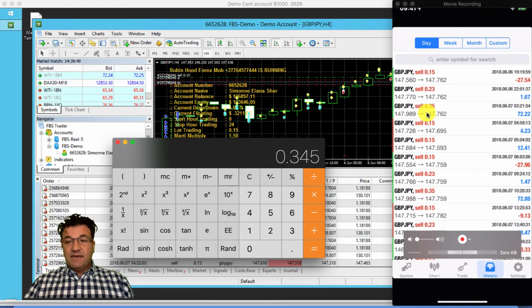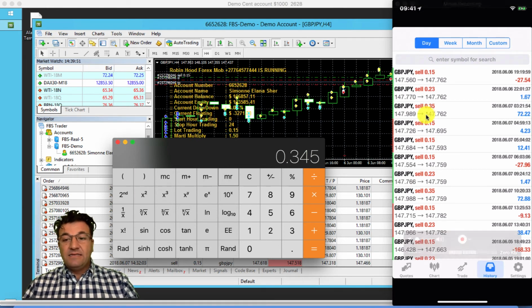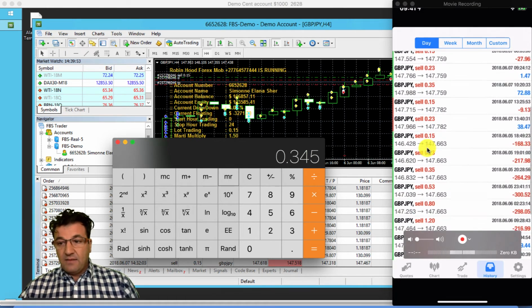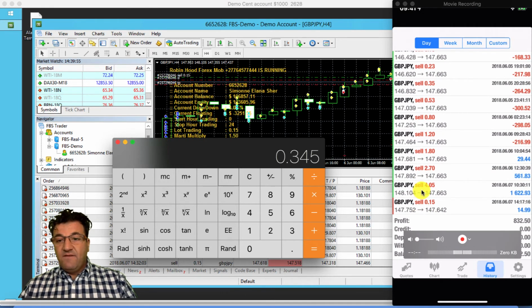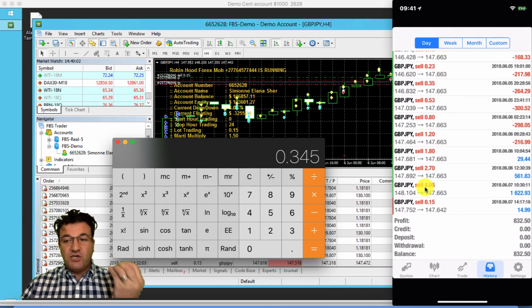It's going to carry on doing that until, at the bottom here, you can see that it eventually bought a 4 lot. 4 lots of GBP JPY.